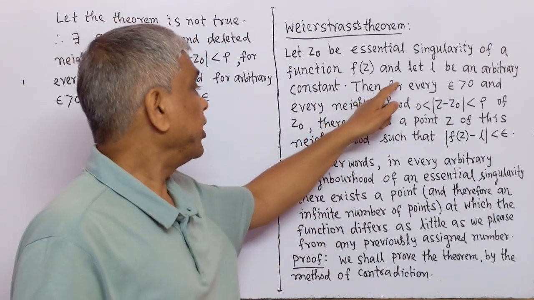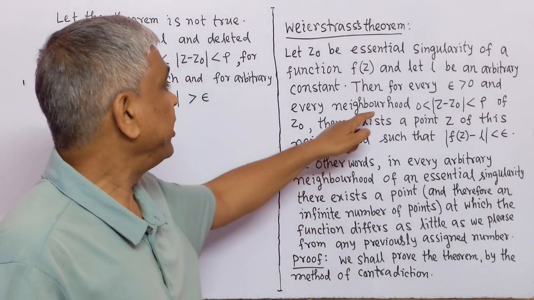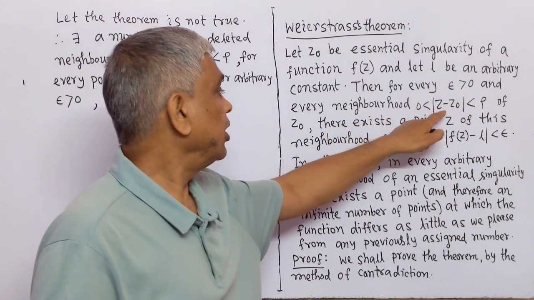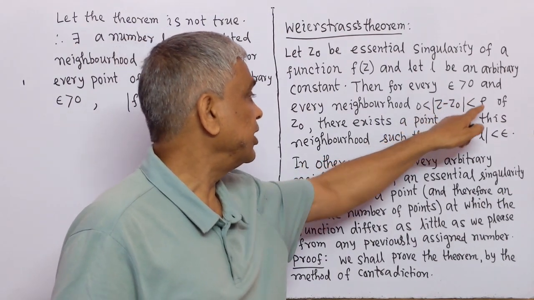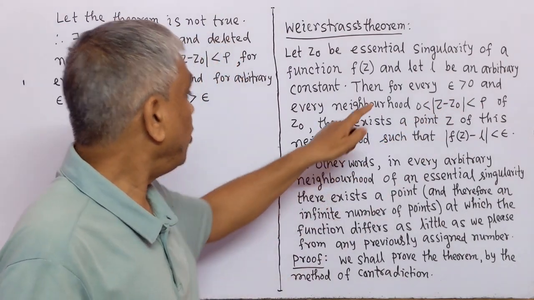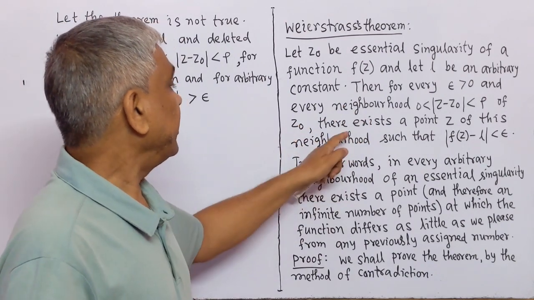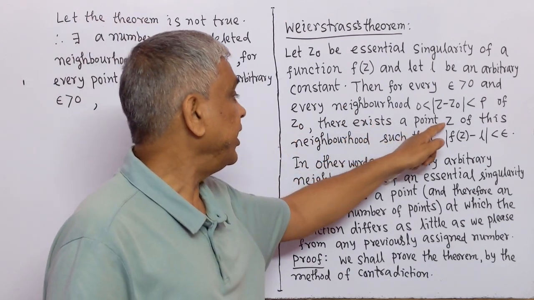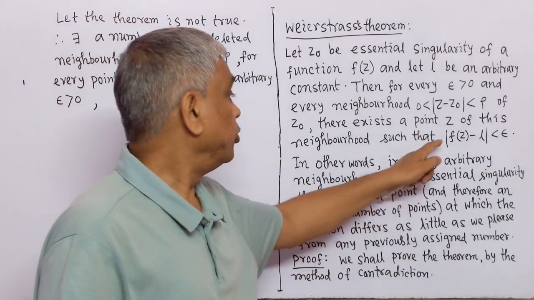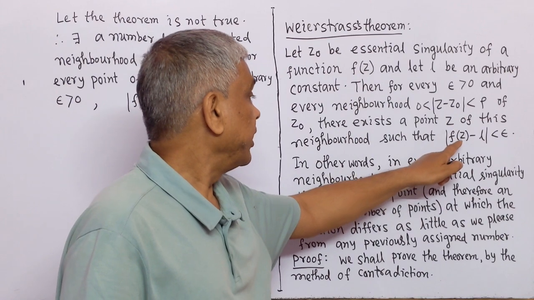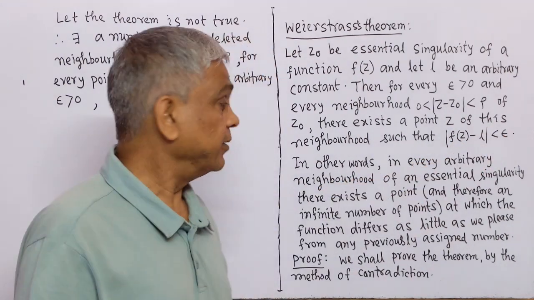Then for every epsilon greater than 0 and every neighborhood modulus of z minus z naught greater than 0 less than rho of point z naught, there exists a point z of this neighborhood such that modulus of f(z) minus L less than epsilon.